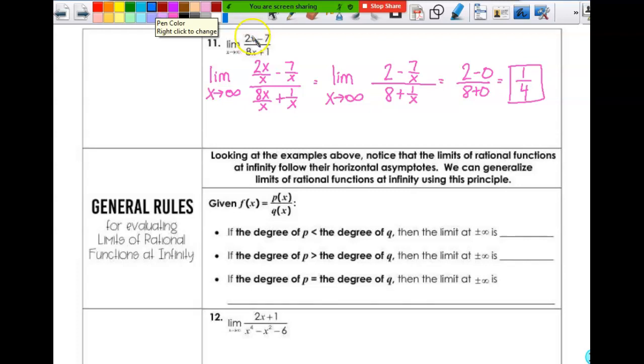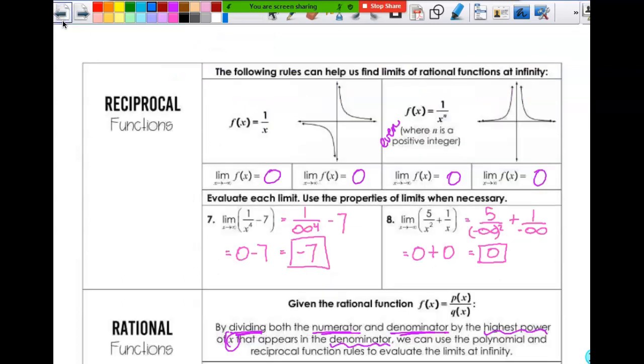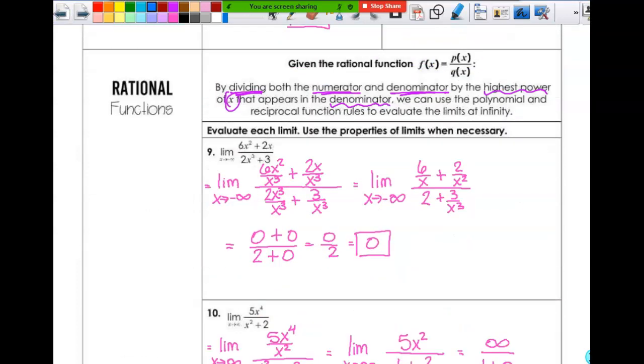So since these both have x to the first, this one is tied in degree. And your rule for when they are tied in degree to find that horizontal asymptote, it's just the ratio of the leading coefficients, which is 1/4. Remember that?